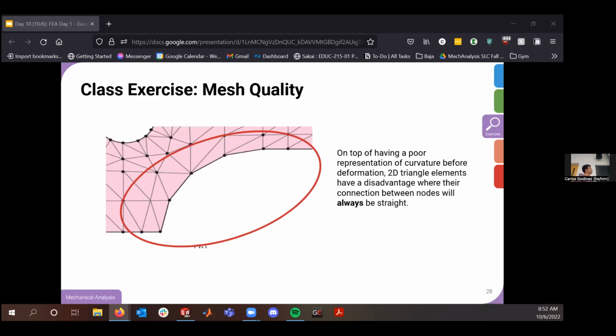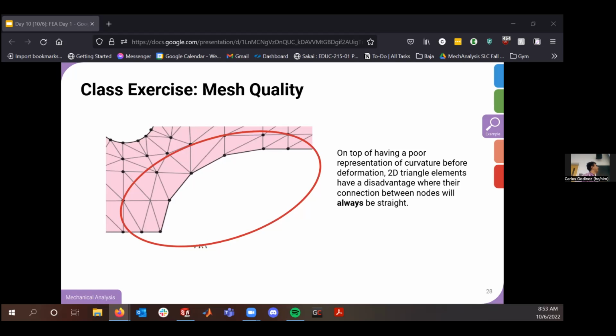In addition to that, there's not a ton of points that represent that curvature. 2D stress triangle elements in this case also have a disadvantage: before and after deformation, the connection between nodes is always going to be straight.